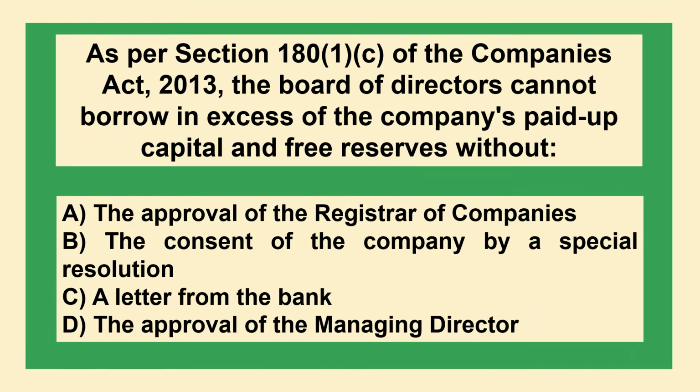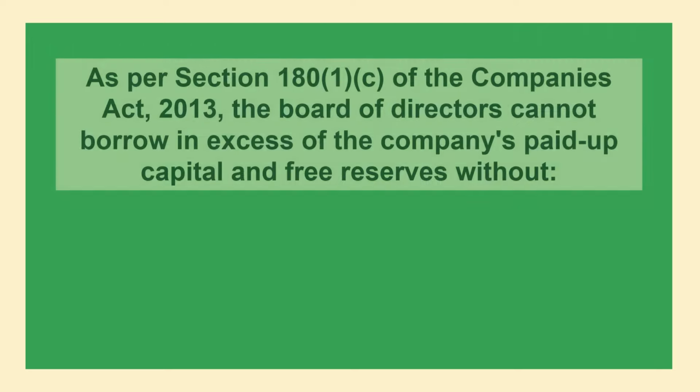The next question is: as per section 181C of the Companies Act 2013, the board of directors cannot borrow in excess of the company's paid up capital and free reserves without option A, the approval of the registrar of companies, option B, the consent of the company by a special resolution, option C, a letter from the bank, or option D, the approval of the managing director.